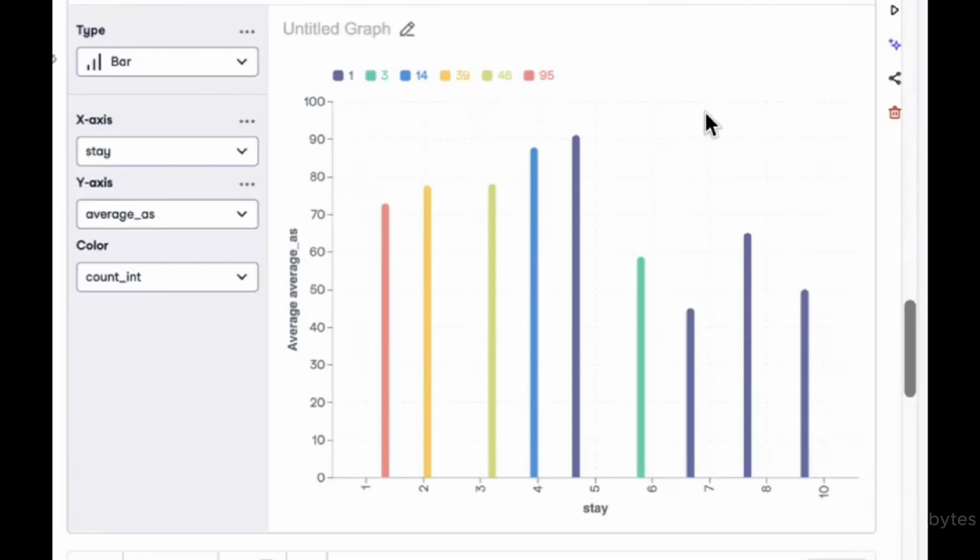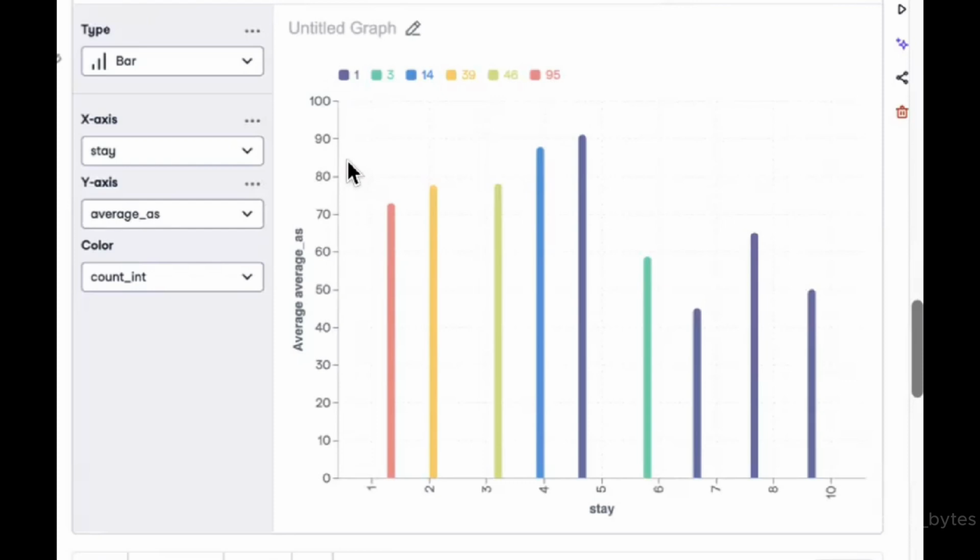And this trend suggests that the students with shorter stays tend to have higher scores, which may imply better mental health, compared to the PHQ scores. For this part of the graph, we can conclude that the length of stay negatively impacts the scores. And this trend may imply that prolonged stays could contribute to a decline in mental health.